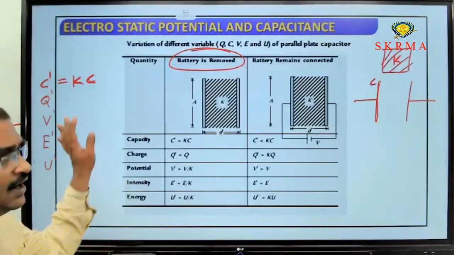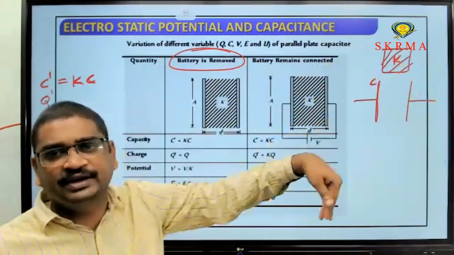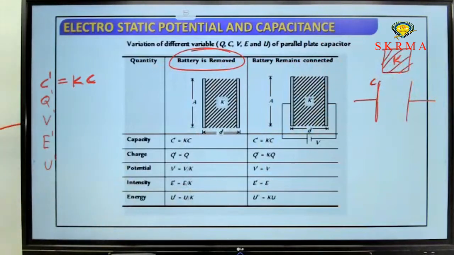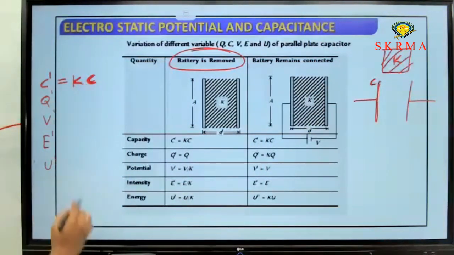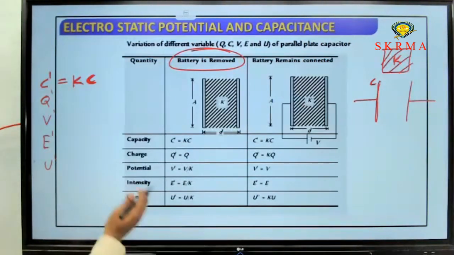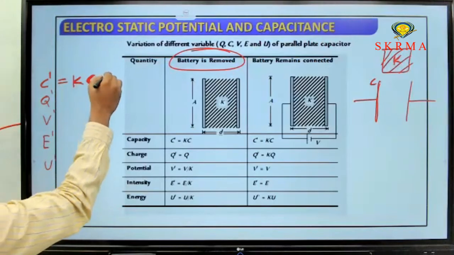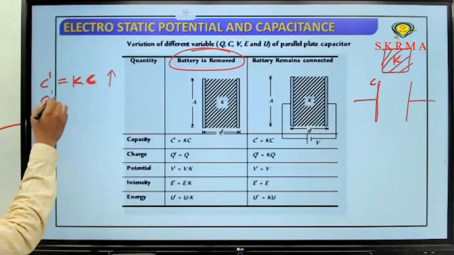If you introduce a dielectric like this, is the capacitance going to increase or decrease? The new capacitance is K into C. K is always a positive number, always more than 1. So if you introduce a dielectric, the capacitance is going to increase.